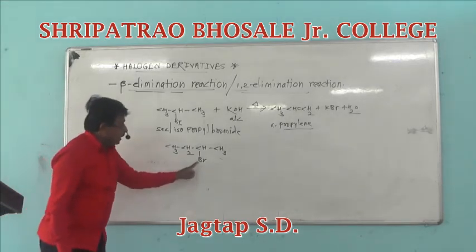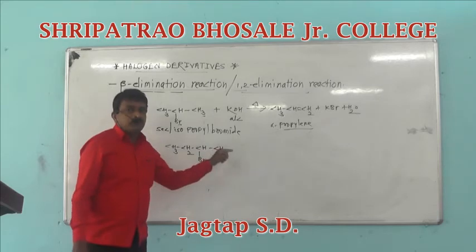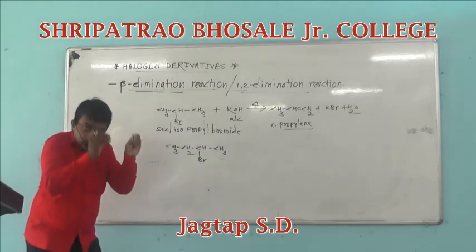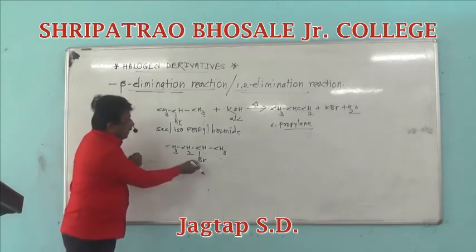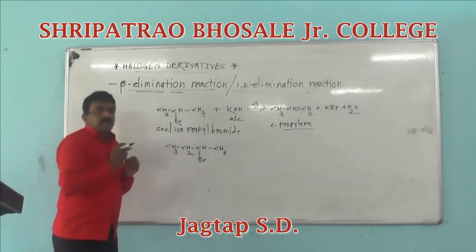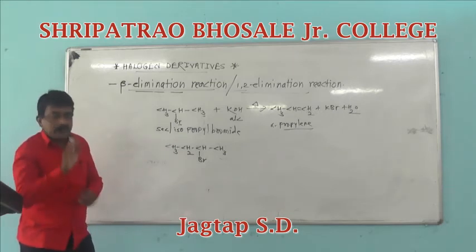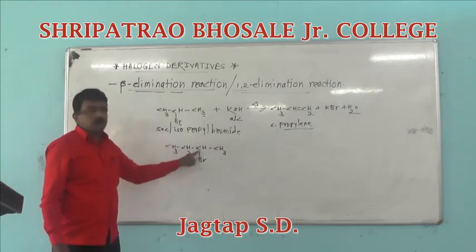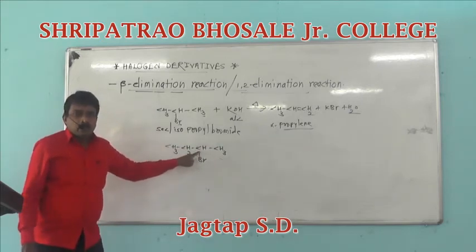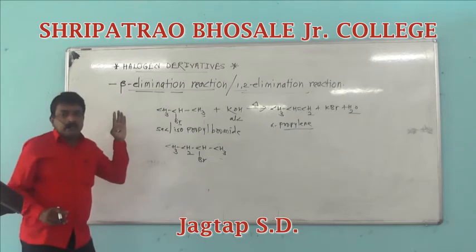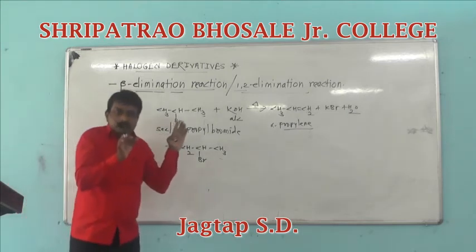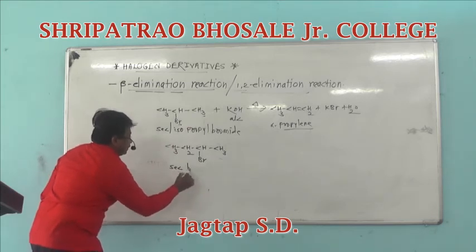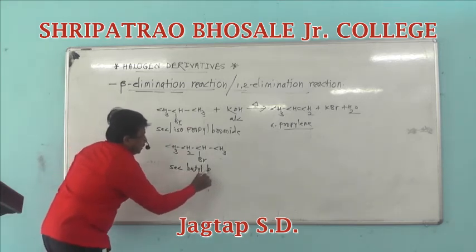Here the bromine atom is attached to a butyl group. But here the bromine atom is attached to a secondary carbon, the carbon attached to two other carbon atoms, called a secondary carbon atom. Since the halogen atom is present on a secondary carbon, the prefix sec is used. According to the common system, it is named secondary butyl bromide.